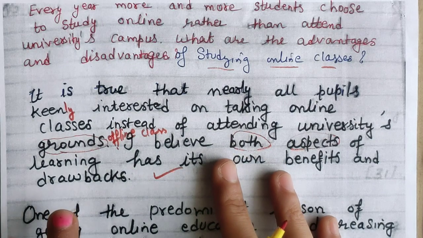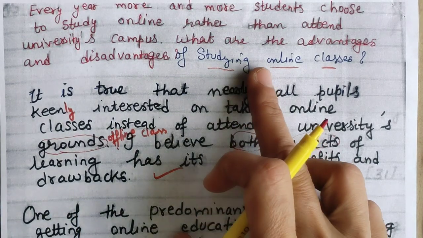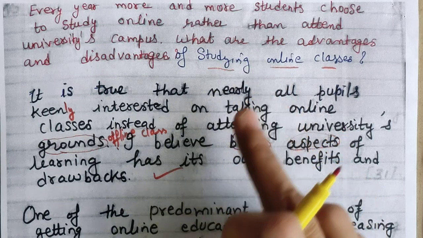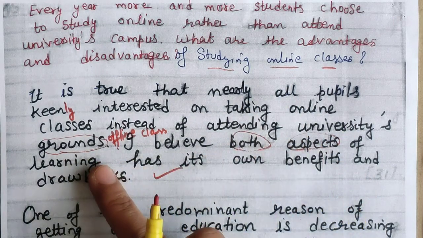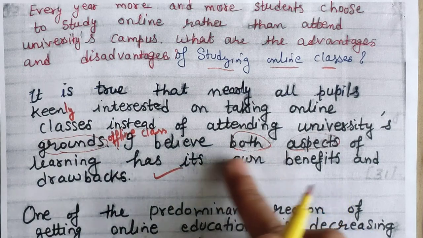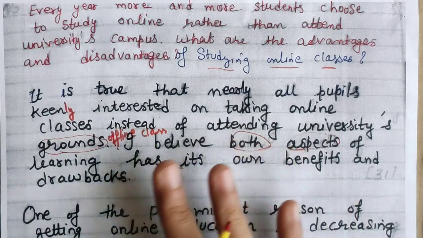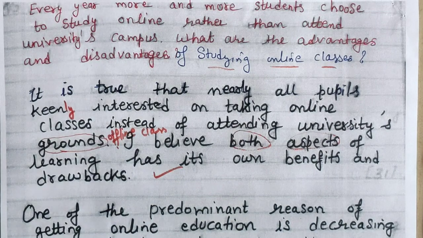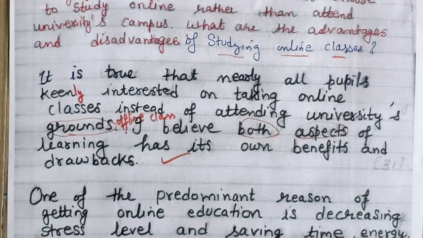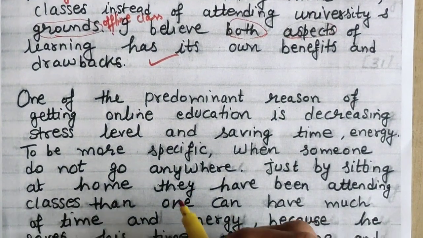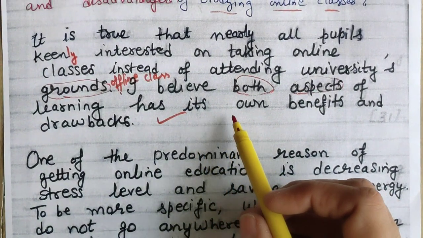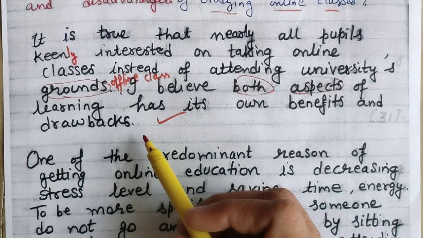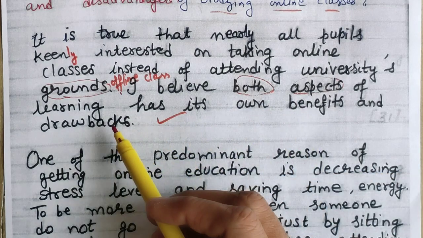Otherwise, if you don't look, because they are asking you about studying online classes, why is she writing "both aspects of learning has its own benefit"? If okay, that is also okay. But still the student is telling that it has its own benefits and drawbacks.